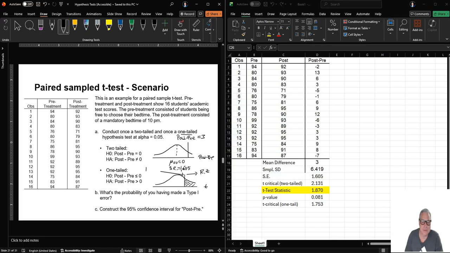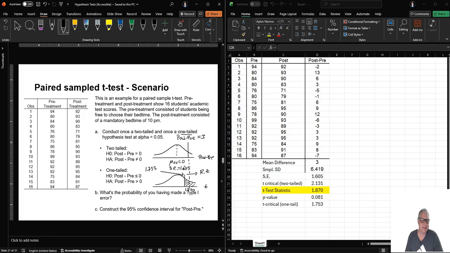So this critical value is 1.753, but our t statistic, which is this one, is still the 1.87. So now our test statistic is in the rejection zone, and for a one-tail test, we would reject the null hypothesis that there is no difference.